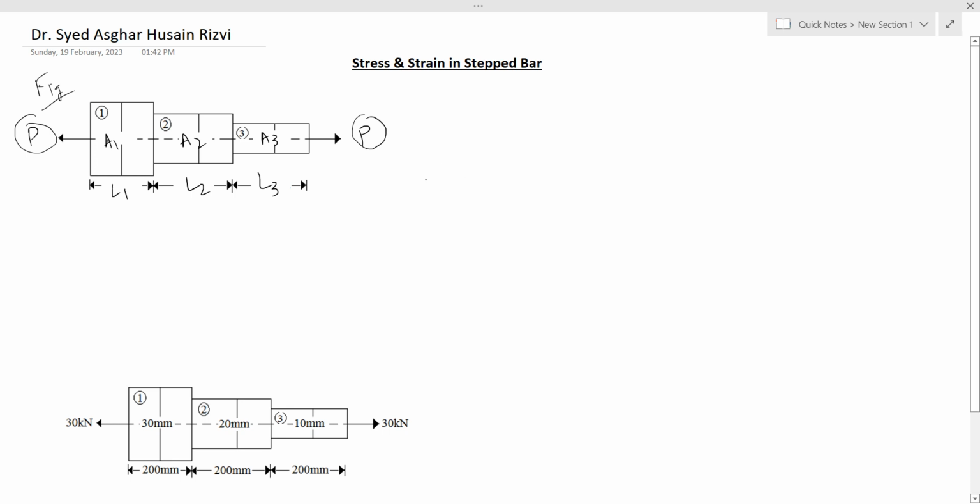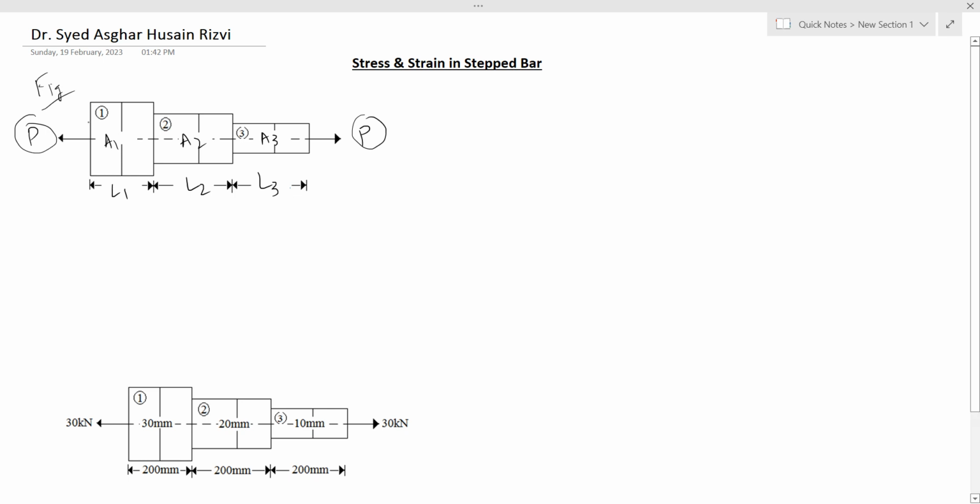To solve these types of questions, since we have to find the change in length in the bar, we have to calculate the individual change in length of all the three sections.